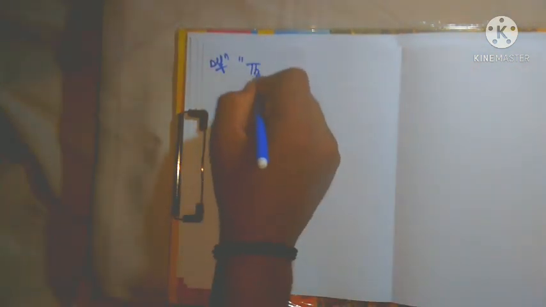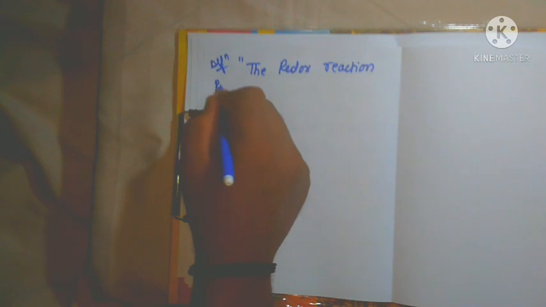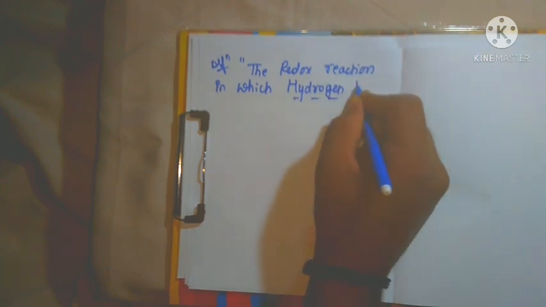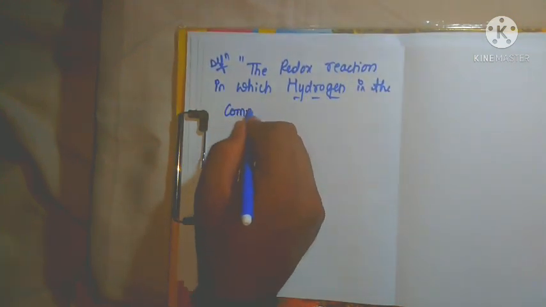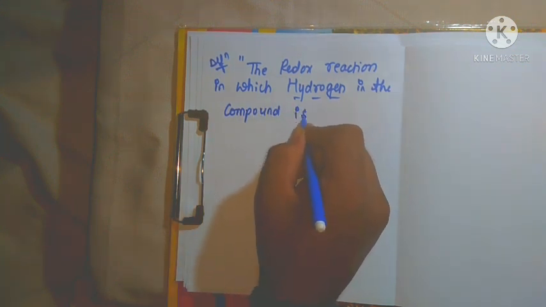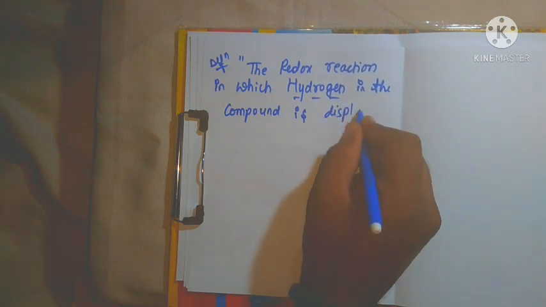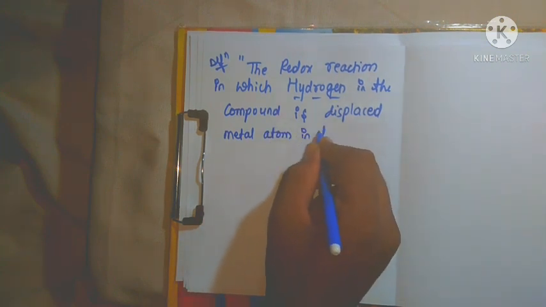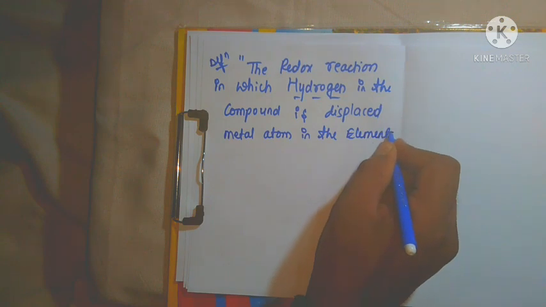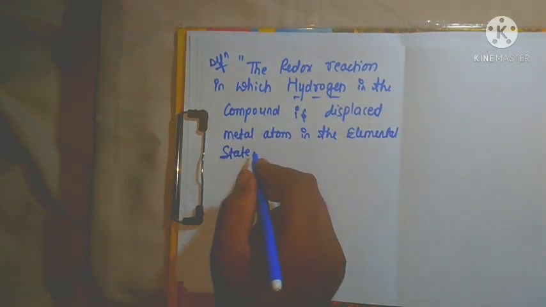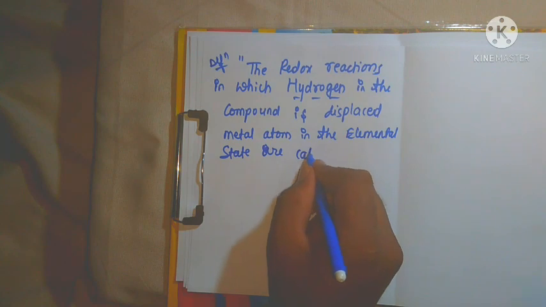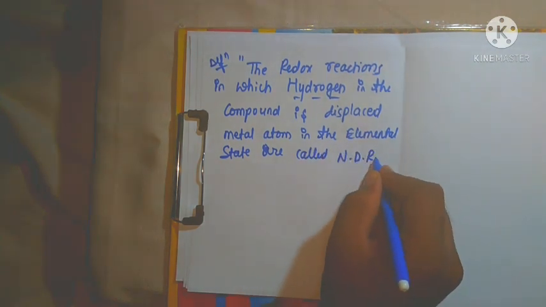The redox reaction in which hydrogen, here it is non-metal, hydrogen in the compound is displaced by a metal atom in the elemental state, such type of redox reactions are called non-metal displacement redox reactions.